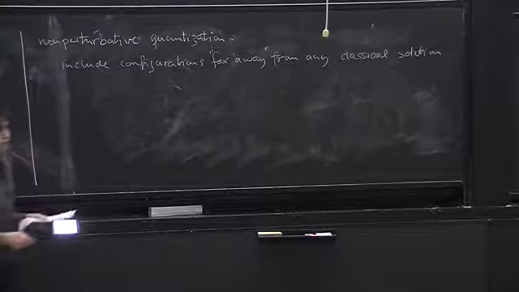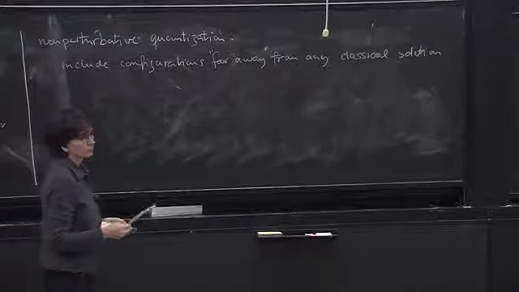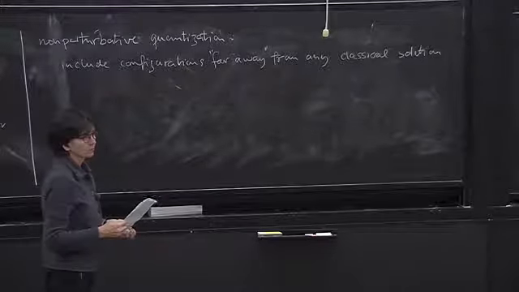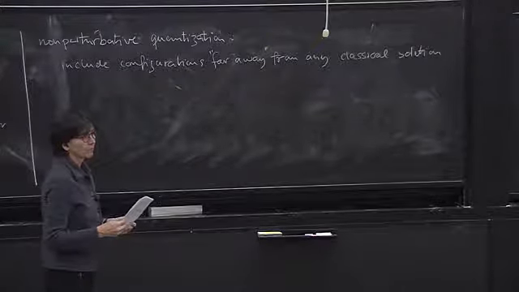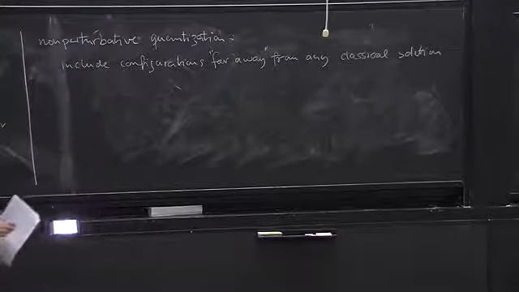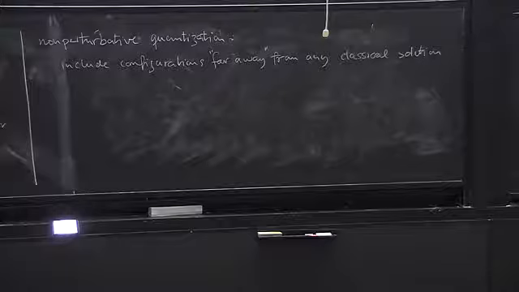Yes? When we assume that f mu nu is small, why is there no problem in the determinant of g mu nu being less than 0? No, then there is no problem.